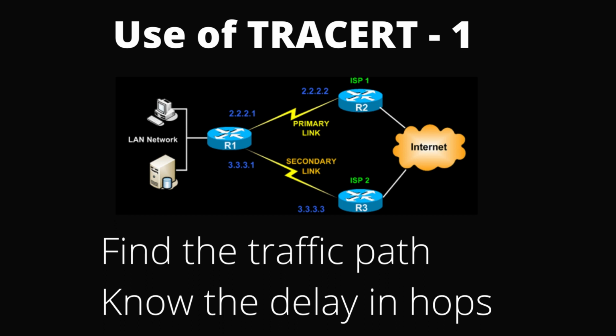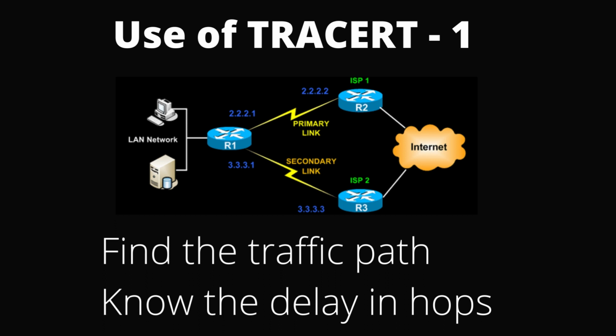It also shows the delays hop by hop. Suppose you are on a machine in a LAN network and you are tracing google.com or something hosted on the internet, and you want to know which path it takes. You just need to run tracert, and it will show it is crossing R1 and R2, like in the path it will show 2.2.2.2, so it means it's going via ISP1.